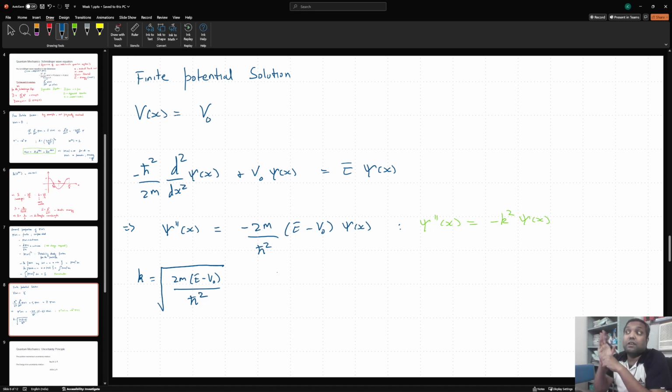But remember, we have not decided on the value of E. So E minus V naught may be positive, may be negative. So let us look at both those cases.